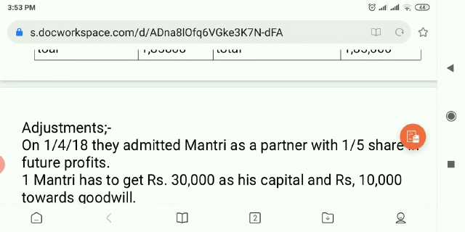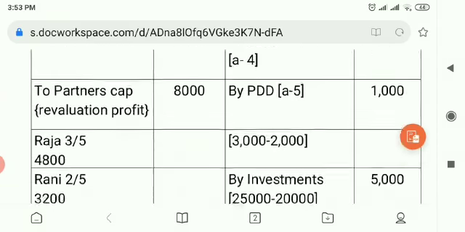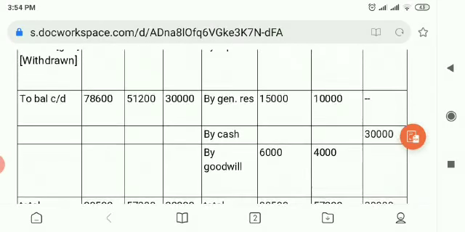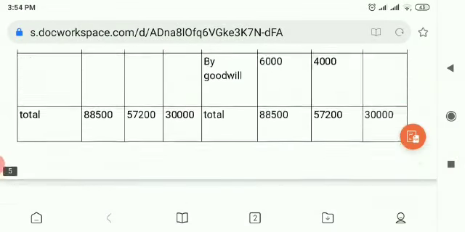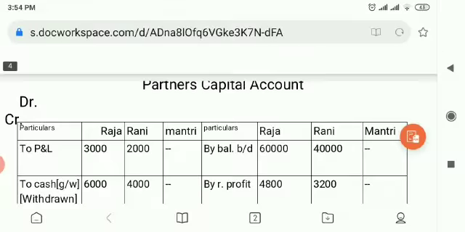So you all know, students, every adjustment should have two effects. Come to your cash in the balance sheet, 5,000 plus 30,000. Next, come to your partners' capital credit side, write by cash and write in Mantri's column 30,000.